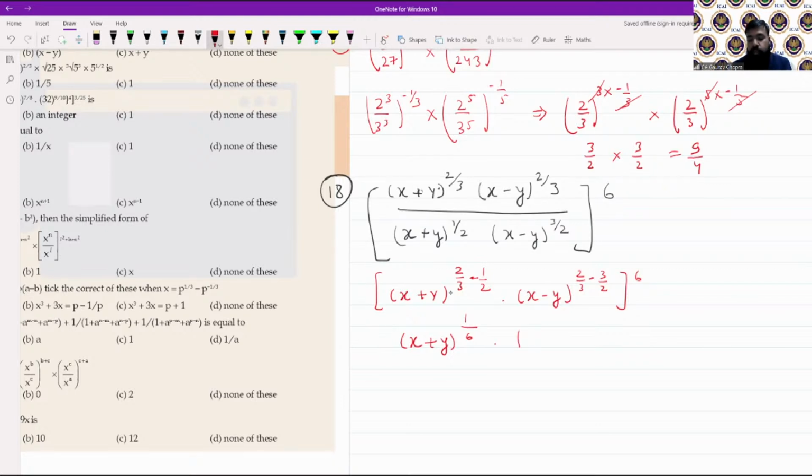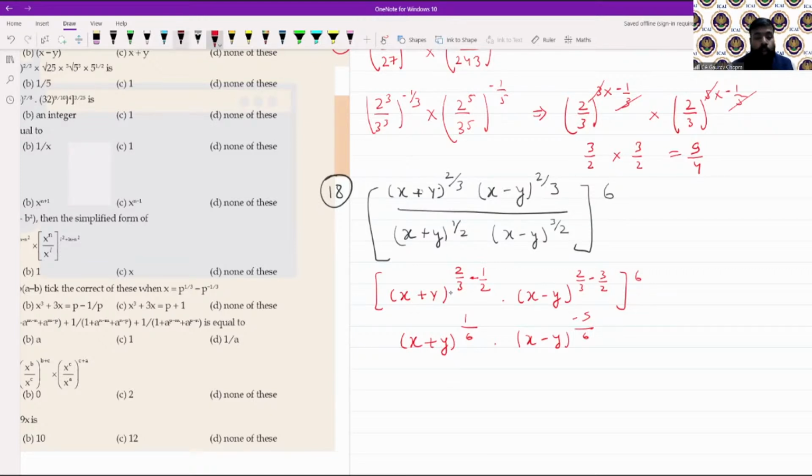Similarly, here also, it will become 2 by 3 minus 3 by 2. So x minus y, LCM is 6. So 4 minus 9, it will be how much? Minus 5. So minus 5 by 6, and then whole to the power of 6.